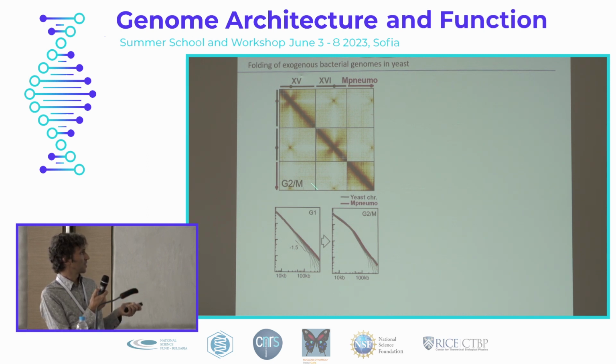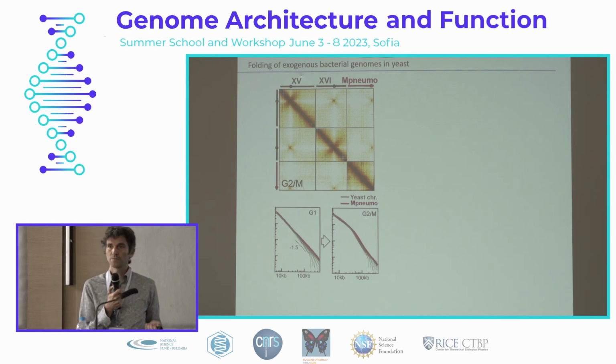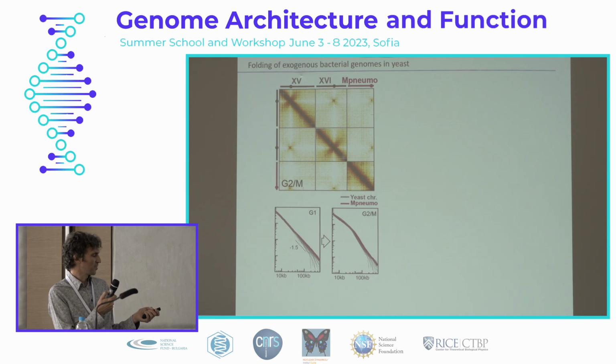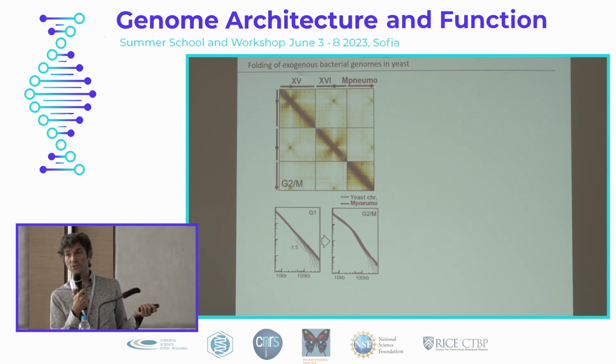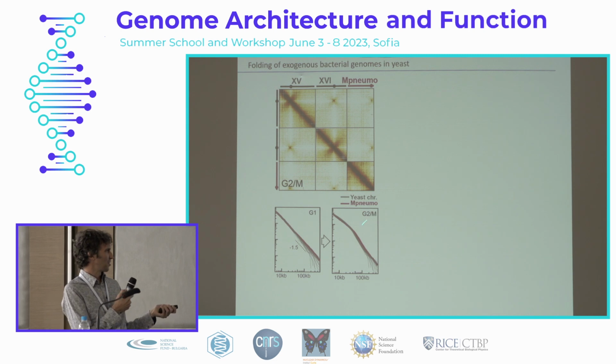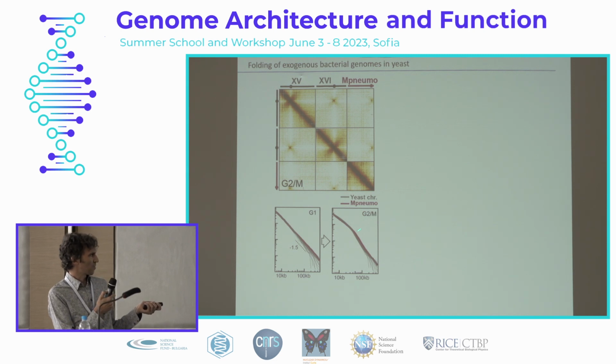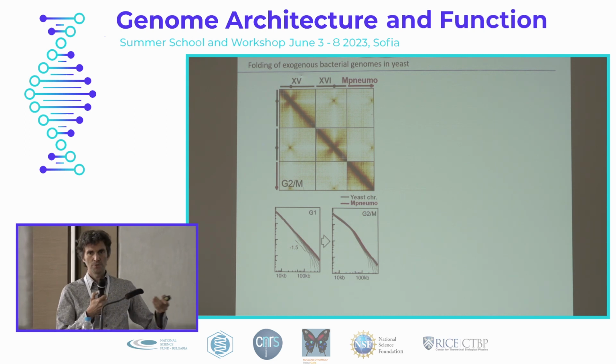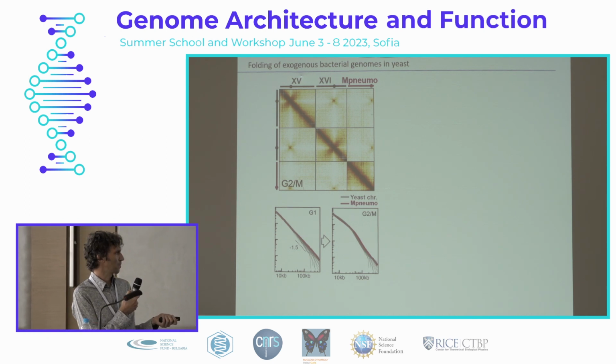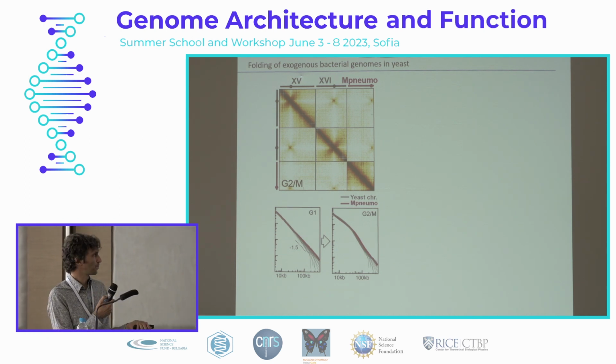You can see that they behave quite similarly, and indeed, when you plot the curve, you don't see any difference between native yeast chromosomes and the Mycoplasma pneumoniae genome. So this is G1, and when you move into G2/M, you have this arch, the shoulder in the curve, and that tells you that the loops are indeed formed along the chromosomes.